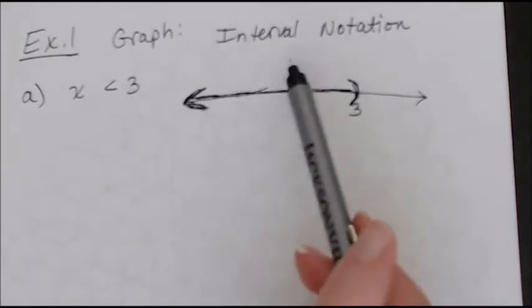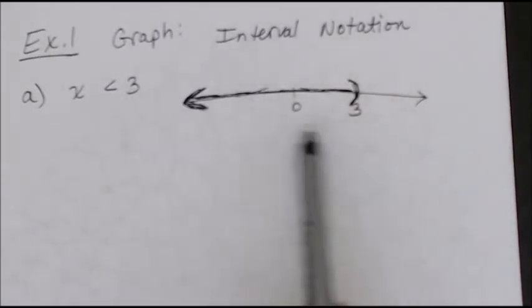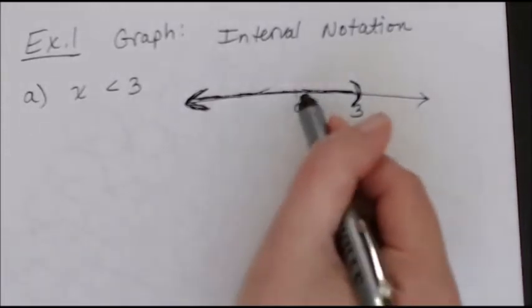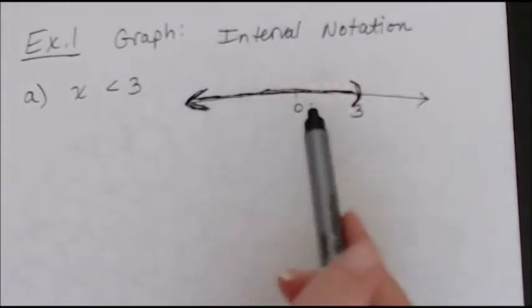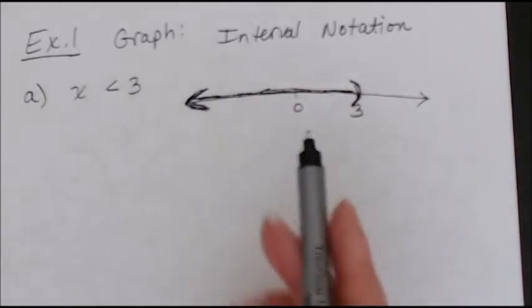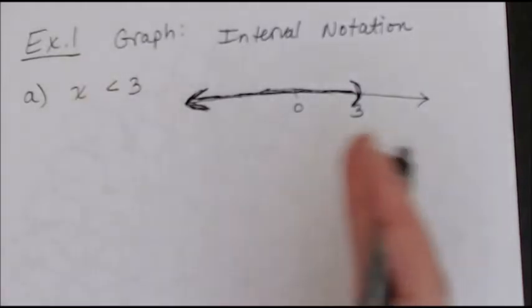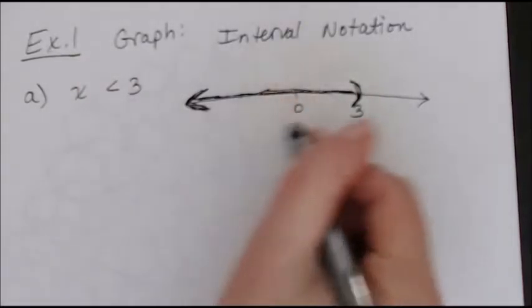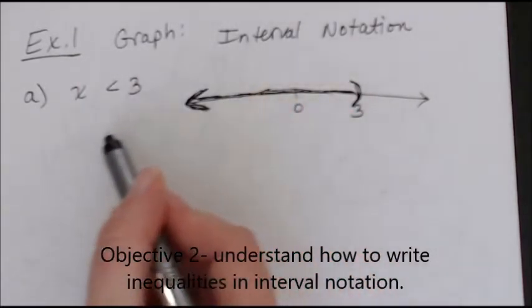Interval notation is essentially a representation of this number line in symbols. I want numbers that are all less than 3, and this goes all the way down to negative infinity. When you write interval notation, you always go from the lowest to the highest number. My lowest number, there is no lowest number, it goes down to negative infinity.